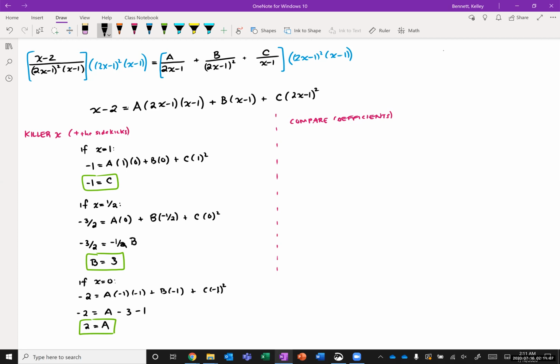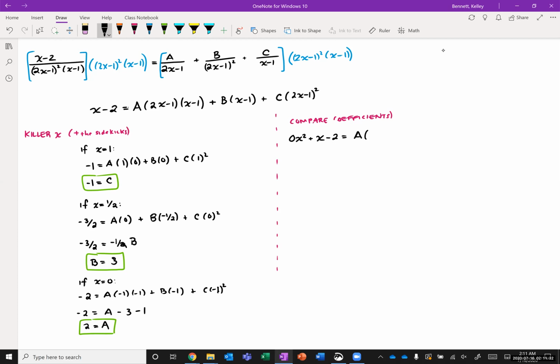No shame, just gotta practice it. Okay. So I get x minus, I'm gonna do 0x squared again, just because that helps me visualize how my coefficients match up. So the first thing I'm gonna do is expand my polynomials.